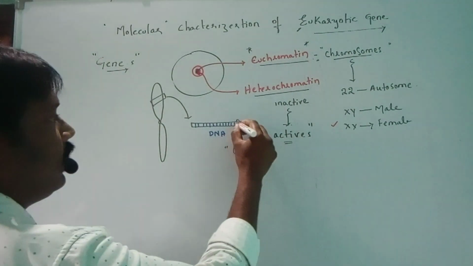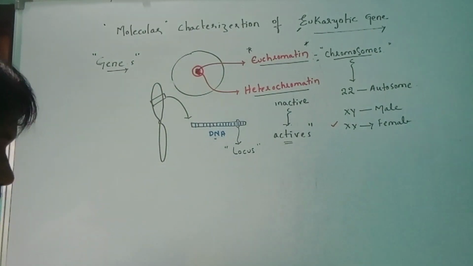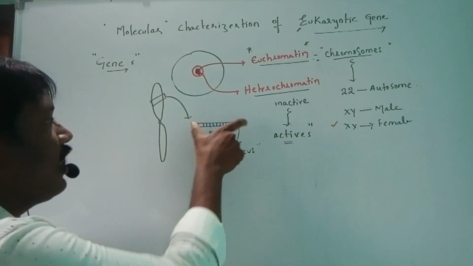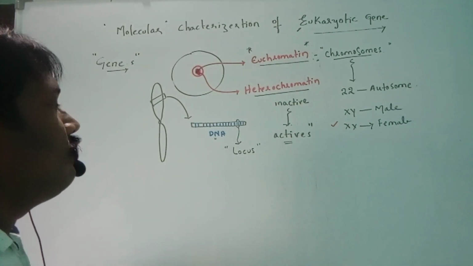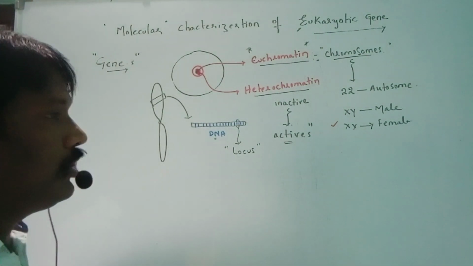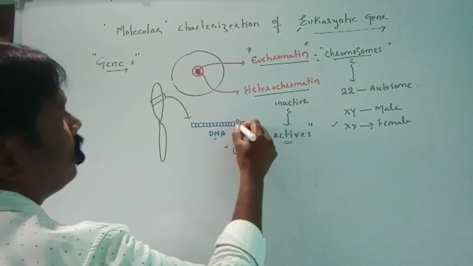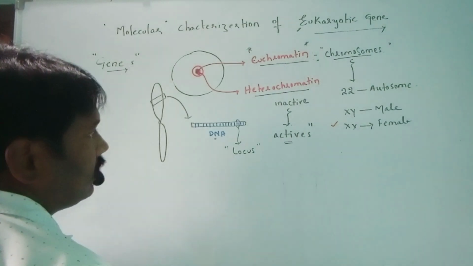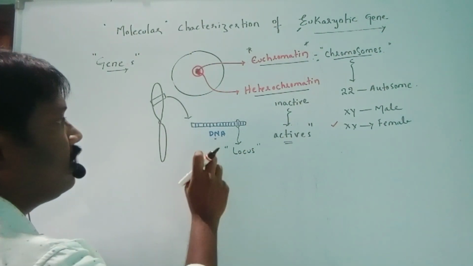How many genes are there in a single fragment of DNA? More than 100 genes, and each gene is involved in gene expression individually, not in an isolated way. Compared with prokaryotic bacteria, where a group of genes is involved together in gene expression, here it is not like that.